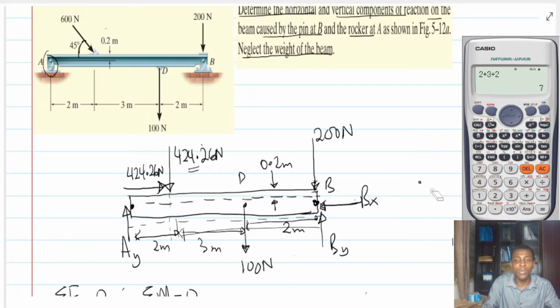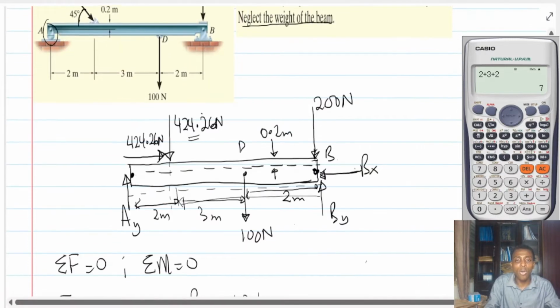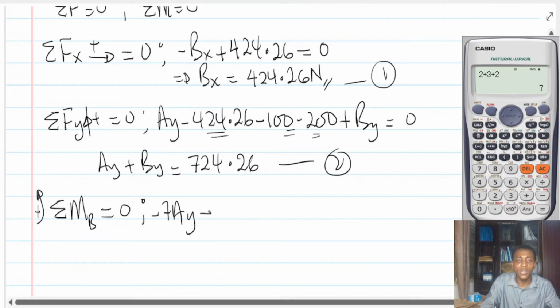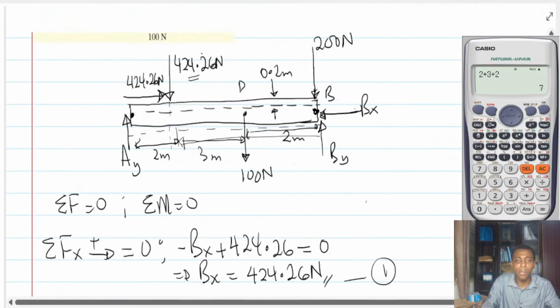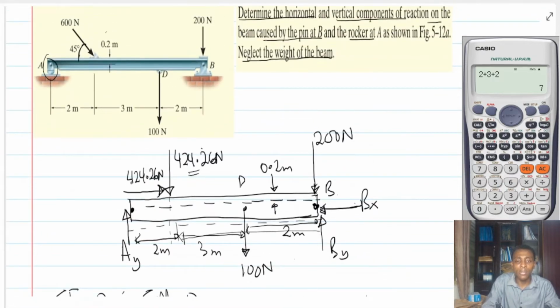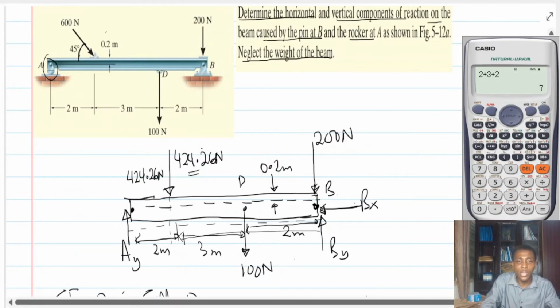So that one is going to be plus 424.26 multiplied by 5. And then I'm going to do this one, but please pay attention over here.